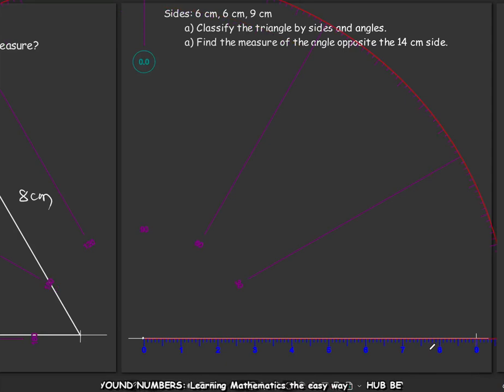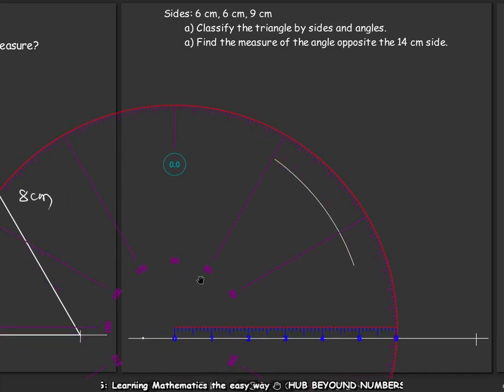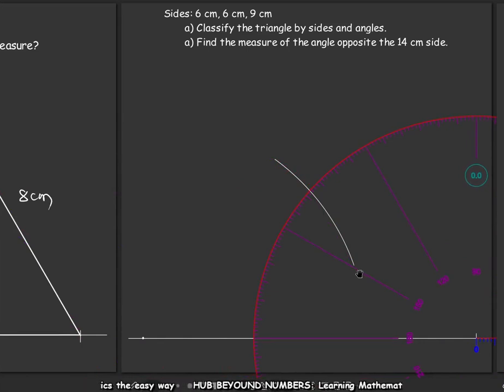So with 6 centimeters now, I'm going to open to 6 centimeters. You do that on your ruler. This is my 6 centimeters. So with that, I'll just draw an arc standing at this point here. Then with the same radius, you don't open or close. You come to the other end and then draw another arc, and you make sure it intersects the first one you did. So this is it over here.